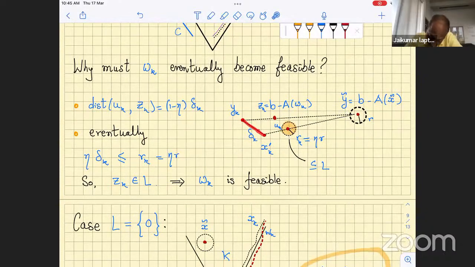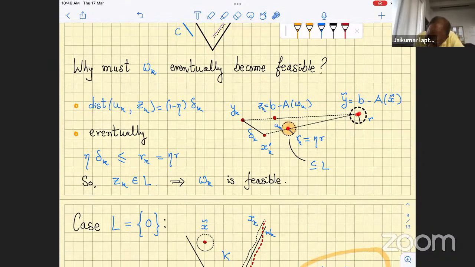Now, if this distance is delta K, there is an old-fashioned high school similar triangles going on here. So the ratio of this is to this: the distance between this point and this point is 1 minus eta times whatever used to be this distance. Now, around this point, so I probably made a mistake. Take this point and all these points and take their average in the same proportion, eta for this point, 1 minus eta for this point.